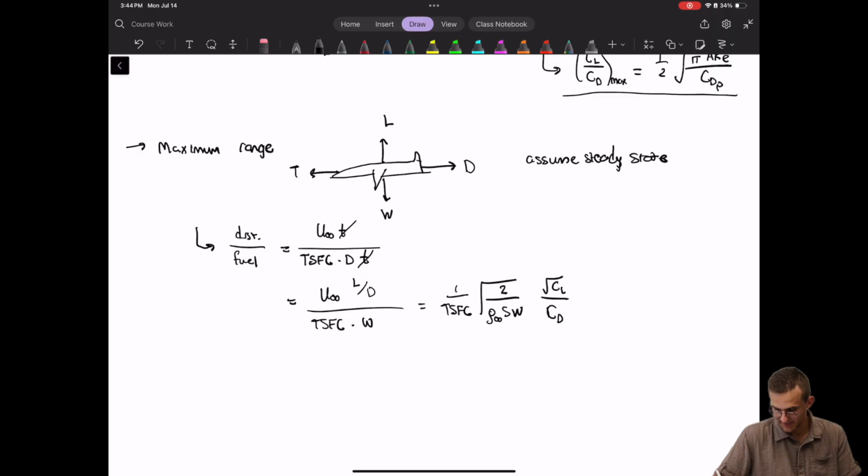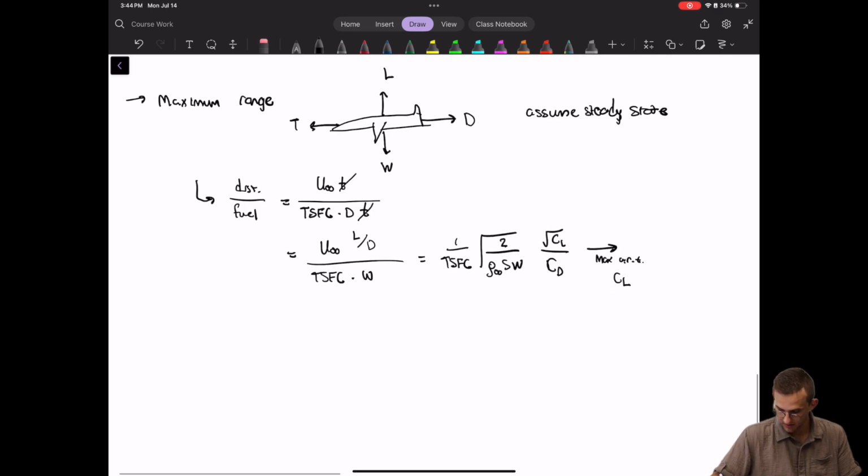And then if we maximize this with respect to CL, then we get a different CL, right? So our CL star in this case is the square root of pi AR E CDP divided by 3.